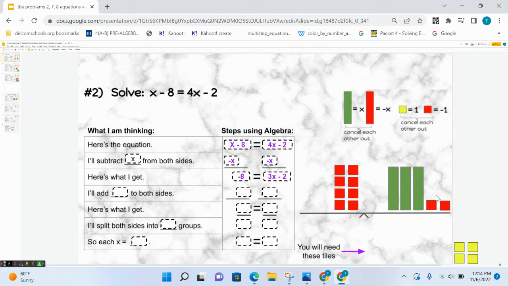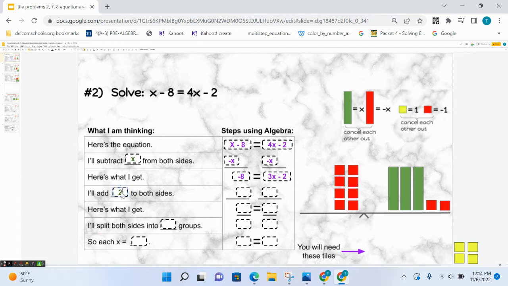So I want to think about what can I do to get rid of those 2 reds that are next to them. And I have the statement, I'll add something to both sides. So you want to think, what can I add to those 2 reds to make them go away?